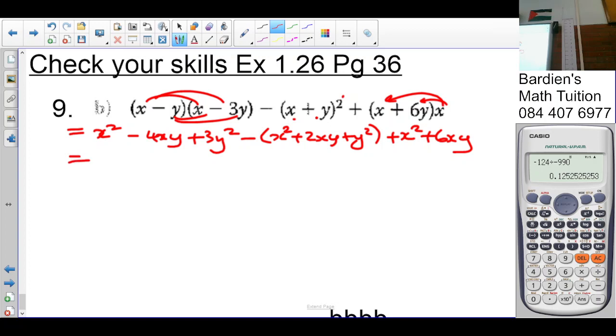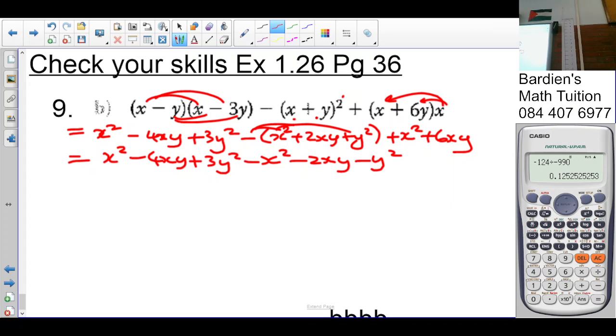So what do we do now? Multiply, get rid of the brackets. x squared minus 4xy plus 3y squared. Minus, yes. 3xy, the first line. That was going to give you negative 3xy minus xy is negative 4xy. You understand?